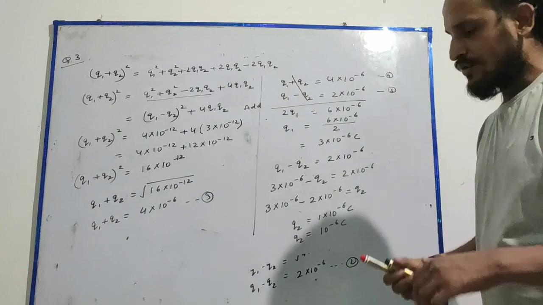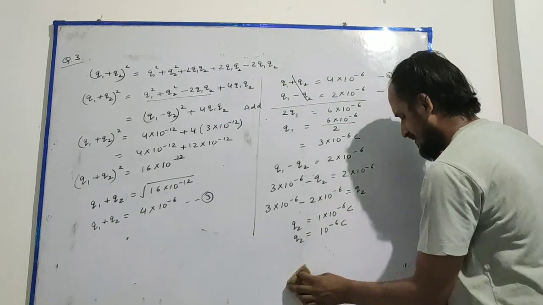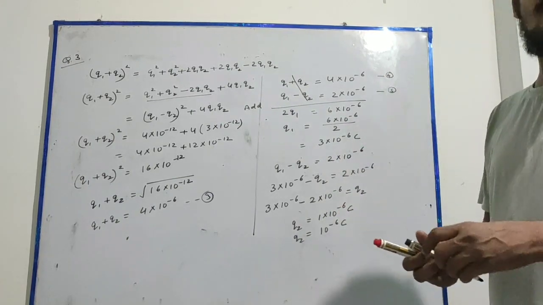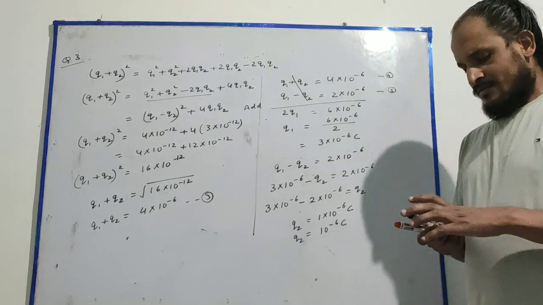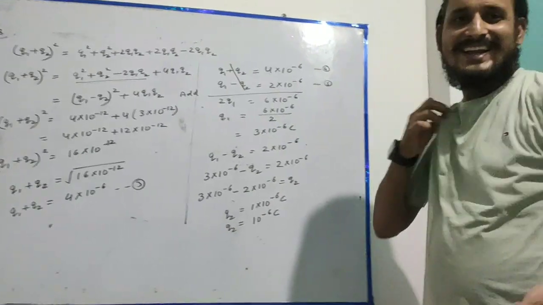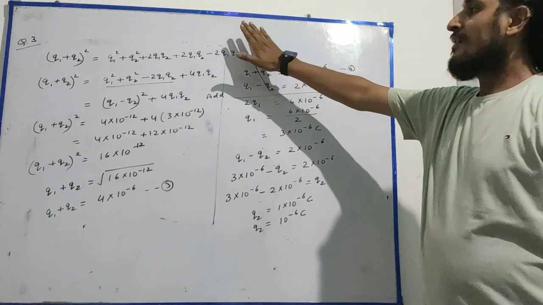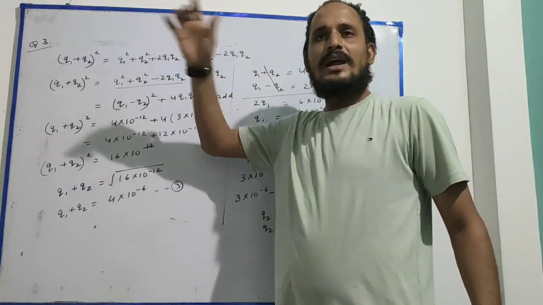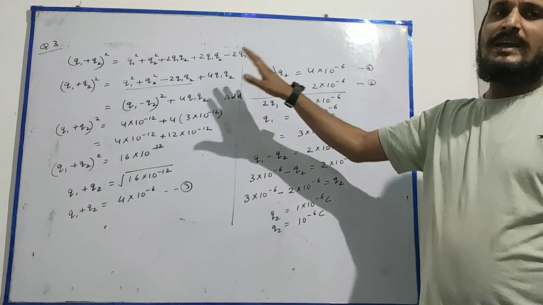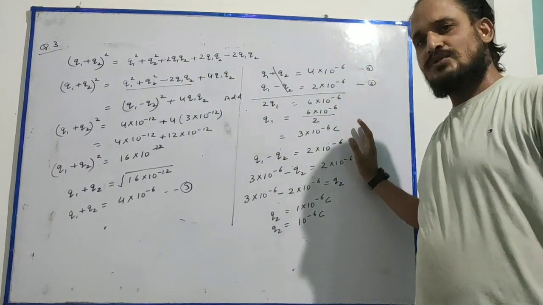So this is the way through which we can find out the answer. It is a bit difficult numerical problem, but we can't leave it because in examination you may get any question. So one more time, see what we did. We have calculated the value of q1 minus q2.